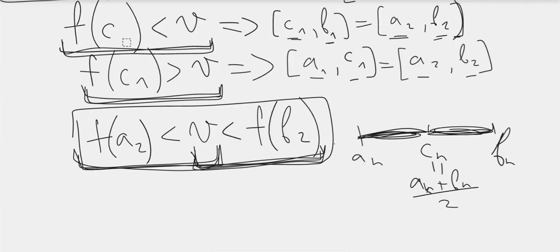We say that either f of cn is greater than v or less than v, and depending on that we choose the interval an plus 1, bn plus 1 to be either cn bn or an cn.